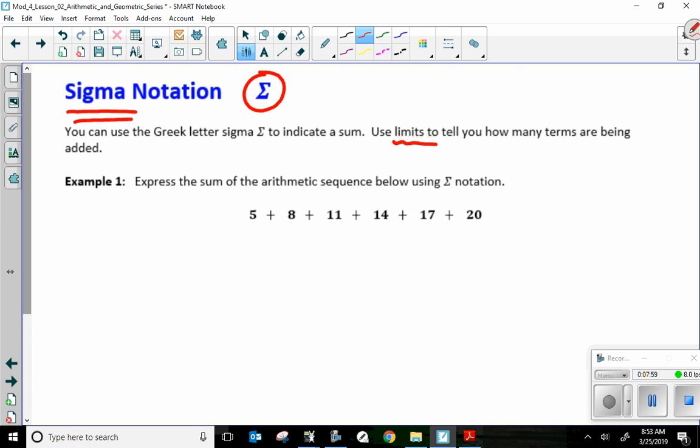All right. First of all, my n is the number term. This is the first term, the second term, third, fourth, fifth, and sixth term. I had 6 terms, okay? So the 5, the 8, the 11, whatever, those are the elements. So this is a of 1, a of 2, and so forth until I get to a of 6.